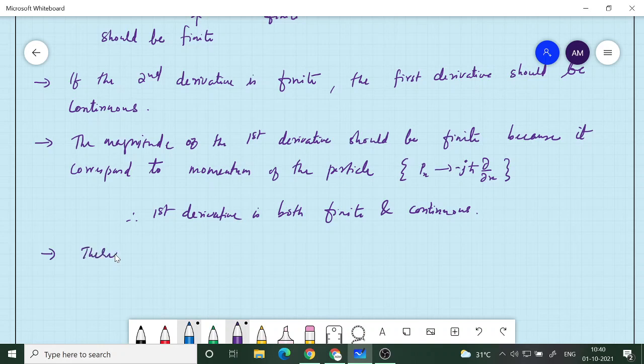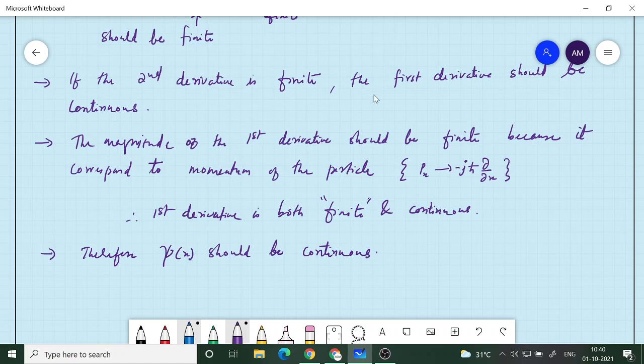Therefore psi of x should be continuous. First derivative finite means when I integrate a finite quantity, I will get a continuous function. So psi of x should be continuous, and I also said the first derivative should be continuous.